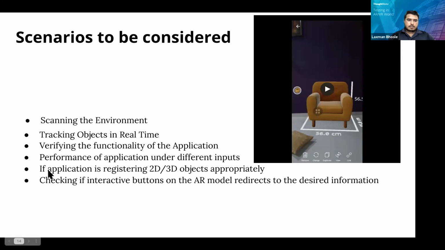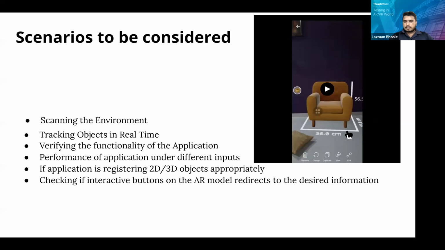Then the next scenario, if the application is registering 2D or 3D objects appropriately. So here the sofa is the 3D object and these buttons are the 2D objects. So as a QA we have to make sure that these objects are rendered properly. Now moving to the next scenario, checking if interactive buttons on the AR model redirect to the desired information.